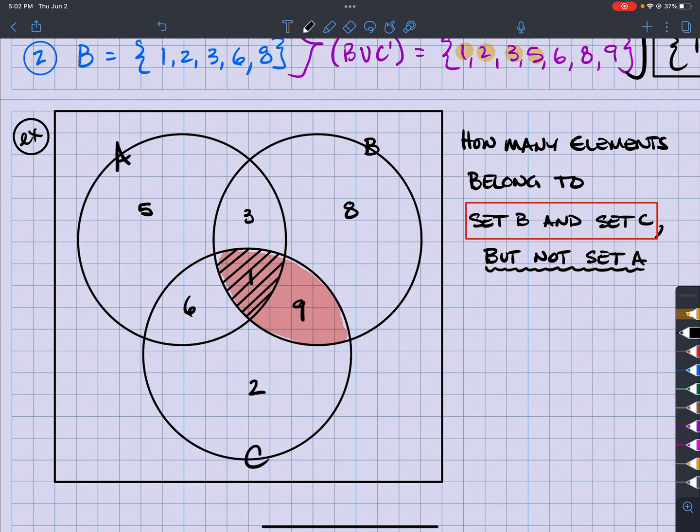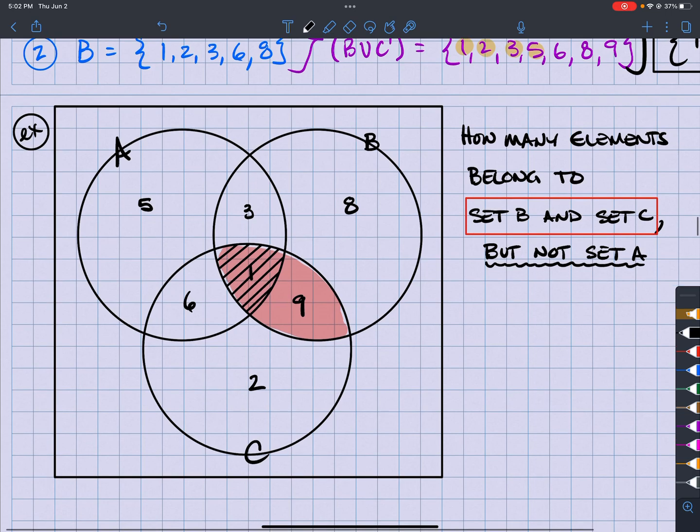What is the highlighted red that is left? That will be 9. So that's how many elements belong to set B and set C, but not set A. Okey doke.